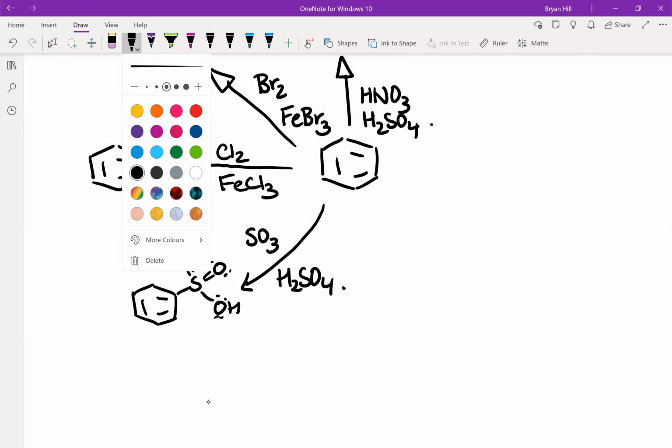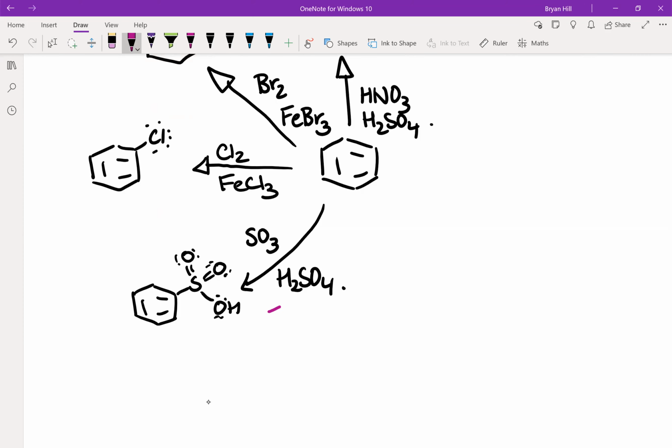You can go backwards with this one as well, and it all depends upon the concentration of the sulfur trioxide and the sulfuric acid. So that's a reversible reaction. We won't talk about that much, but this reaction can be reversible based upon different conditions.